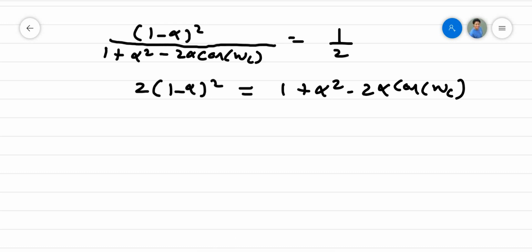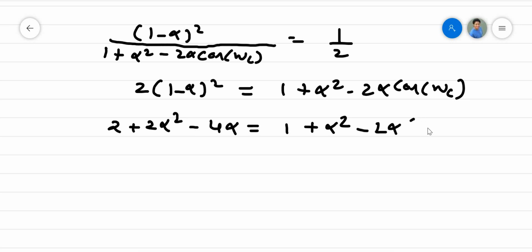So it is 2 minus 2 plus 2 alpha square minus 4 alpha equals 1 plus alpha square minus 2 alpha cos of omega c.